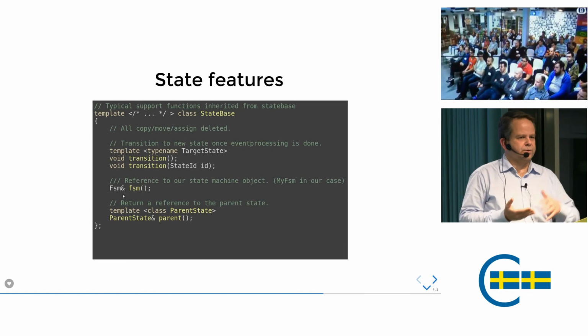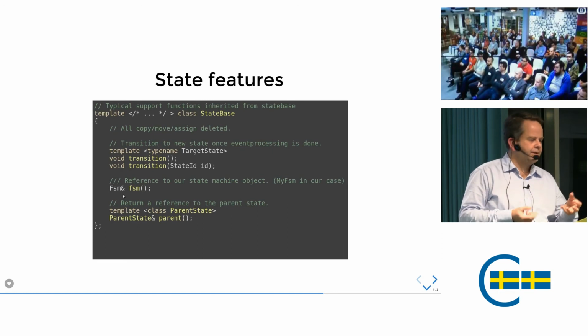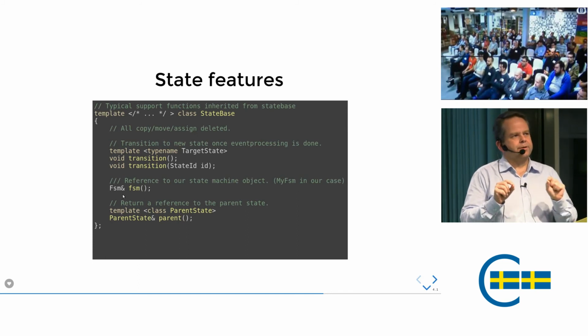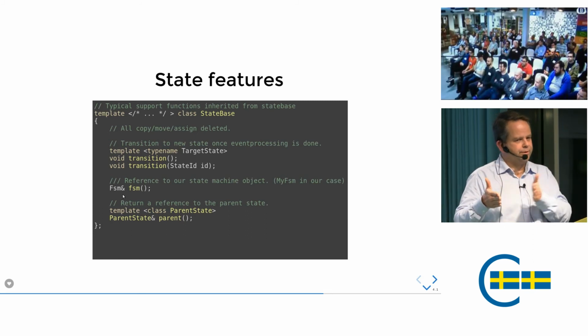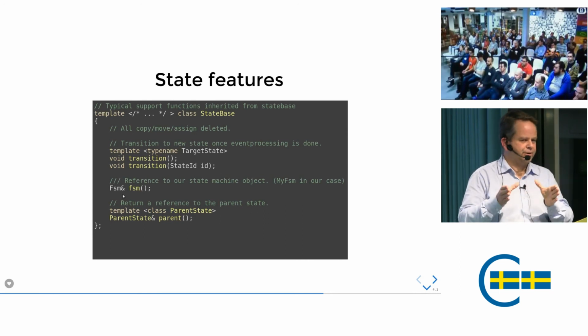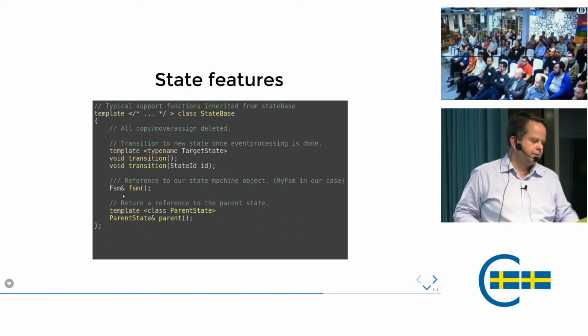You get a reference to your state machine, so you have all the data that you stored there. And you can reach down to your parent state if you know its type, which you should since you're the writer of the state machine. So you can access data down there. That can be useful if you want to have data that has a longer lifetime than your current state, but you have a number of small states that cooperate within a larger parent state.